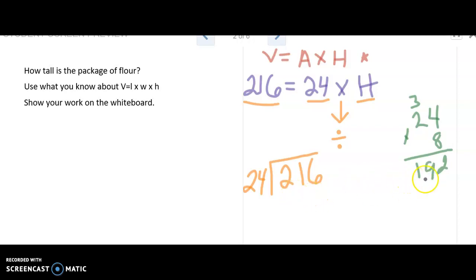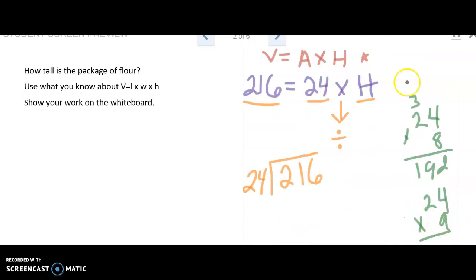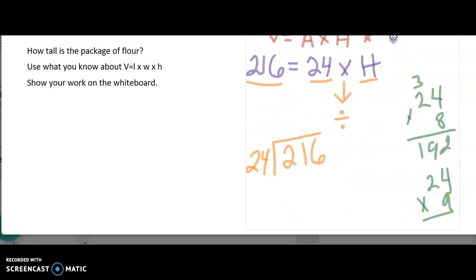Now, I certainly could use that. It's not over 216, but I'm going to try 24 times 9. See if I can get closer, because the closer we get, the better we'll be, okay? Let's see here. I'm running out of space, aren't I? Let me go down here. Let me move, maybe this will help a little bit.